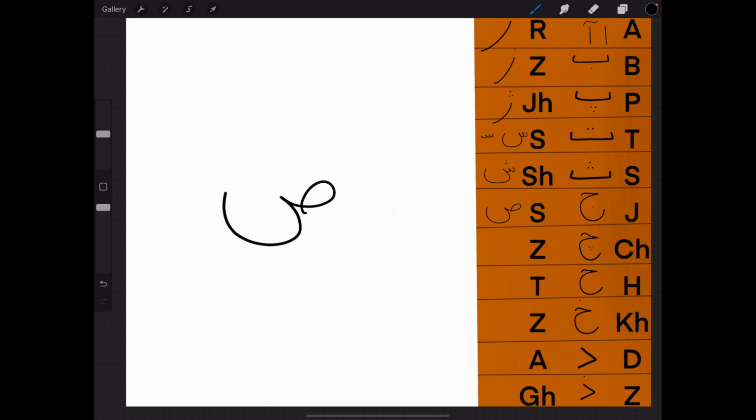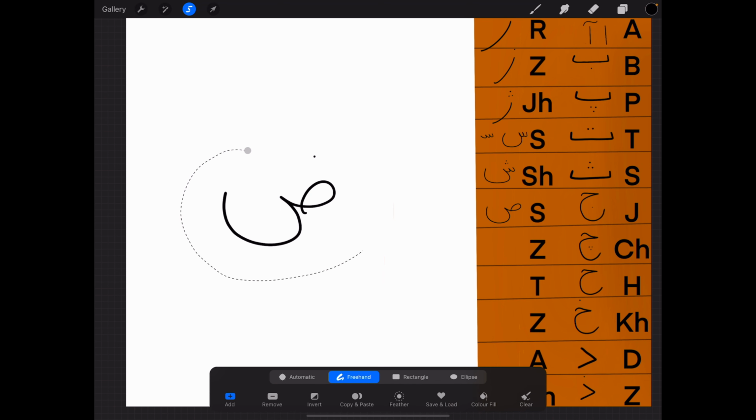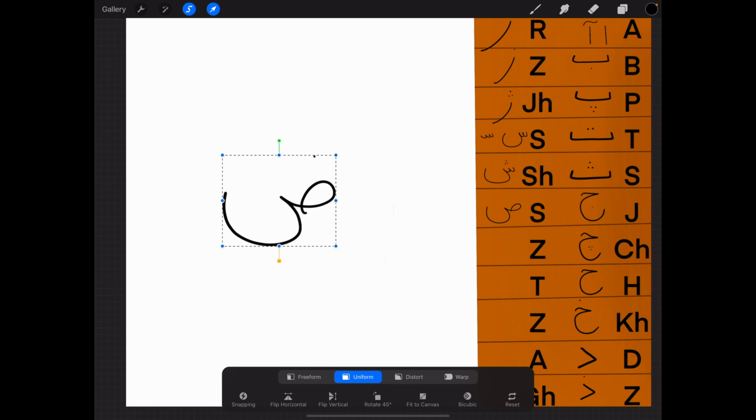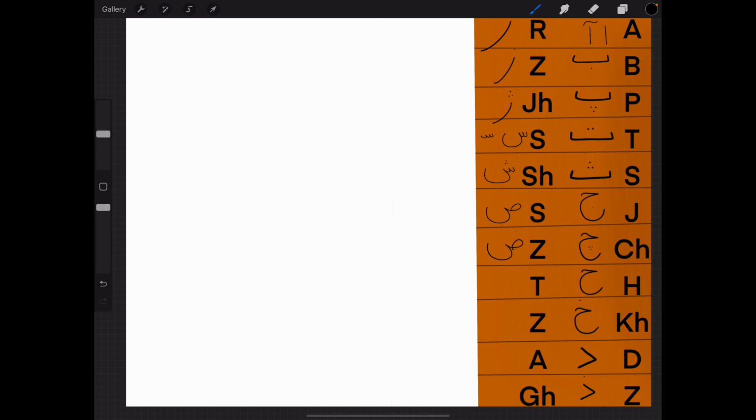Next one, Zod. Zod is rhyming with Sod, so this shape is quite similar, except that it has a dot on top. And the way it's pronounced is like Zaid, which is similar to Zay, and similar to Zod as well. So there we go, Sod, Zod.